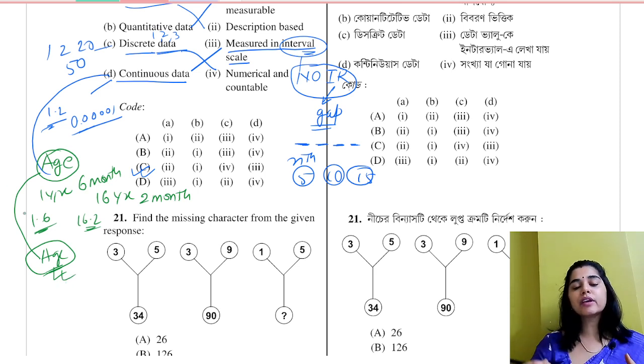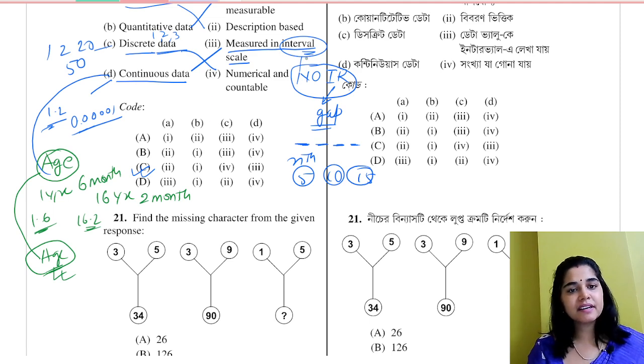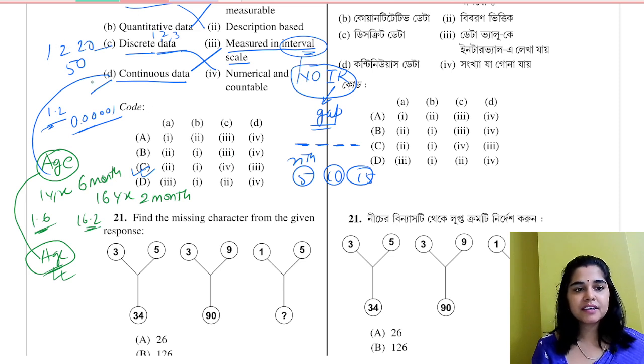Age itself is showing something complete. It's not uncountable. Itself it's countable. So that's why it's a measured interval scale. Just remember this. In simply I have explained here less than 1, 2, 20, 50. It's countable, and continuous in the point, which is difficult to count.